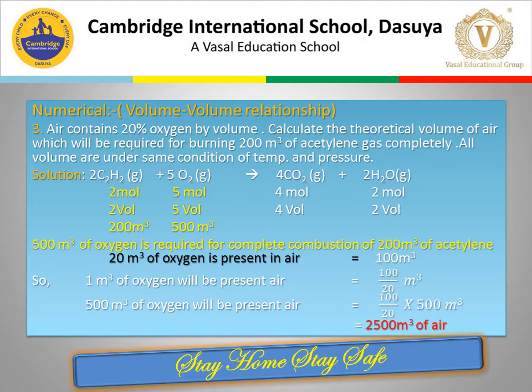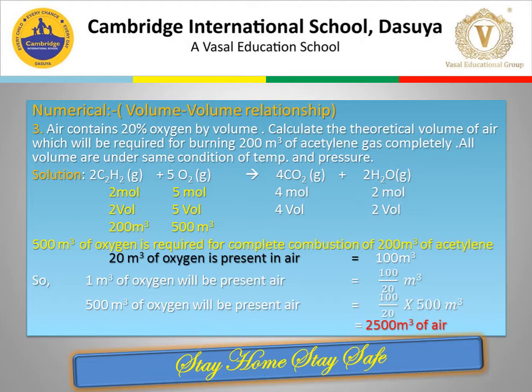According to Avogadro's law, under similar conditions of temperature and pressure, equal moles of gases occupy equal volume. So we will make use of this law to solve our numerical. Here in this question, we only require the acetylene and oxygen. We don't require the other two substances, so we will try to find the relationship between these two only.